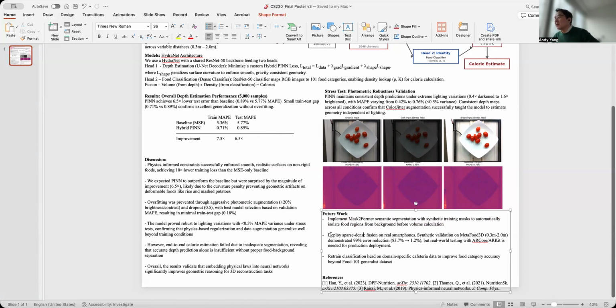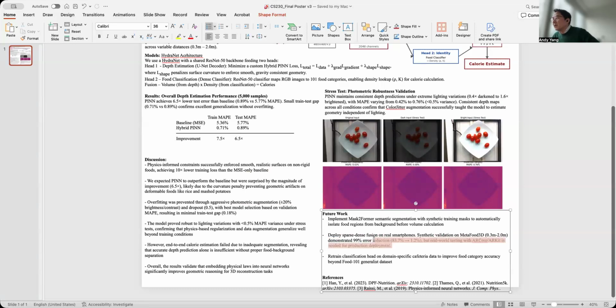During the testing, I also tried to test for the scale ambiguity by giving different distances from the food, from 0.3 meter to 2 meter. I creatively used 3D data in this, and I can see that the error reduction was quite sizable.